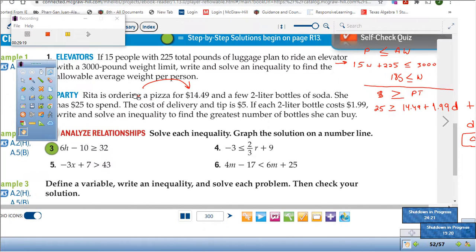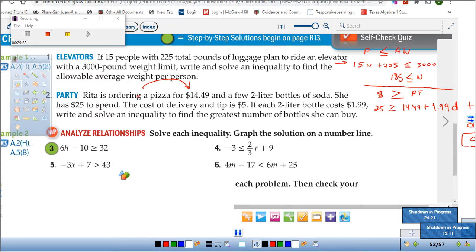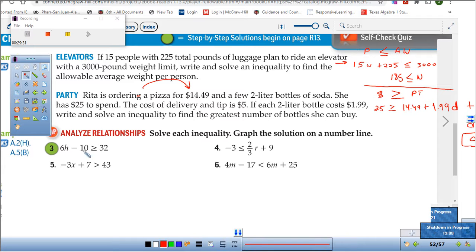Okay, let's come over here real quick. Let's do 2 of these. We'll do 5 and 6, okay? So right here, looking at this one, I'm going to get the x by itself. So I'm going to subtract 7 from both sides.